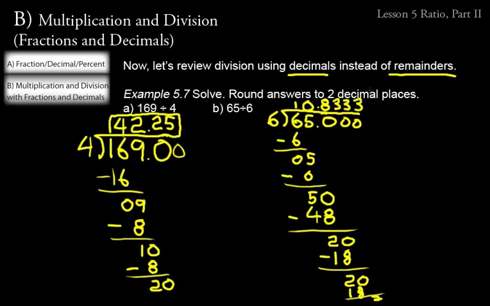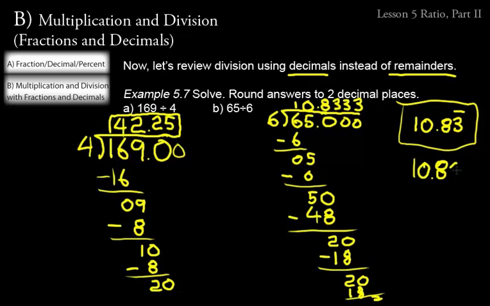So it's just going to be 3 continuously, so we can just write that answer as 10.83 with a bar over it. Or since we've been asked to write to 2 decimal places, we could just say 10.83 without the bar.